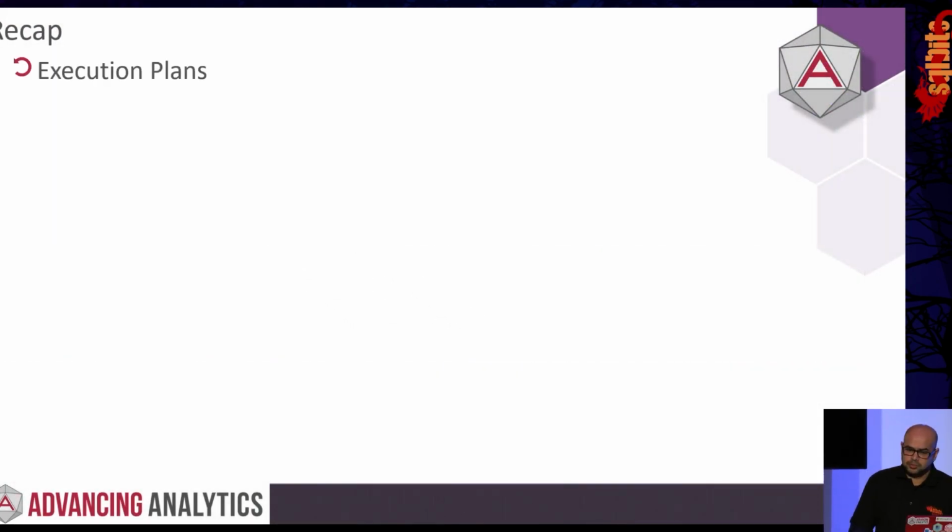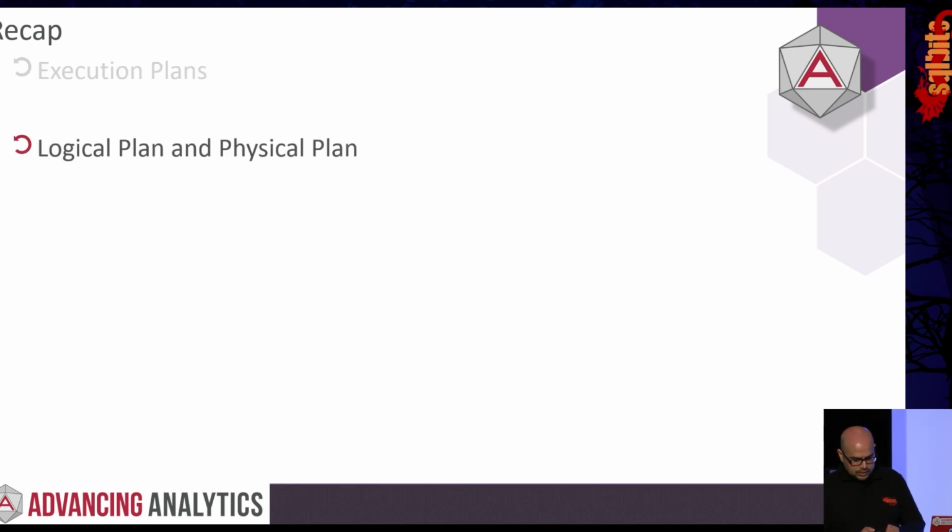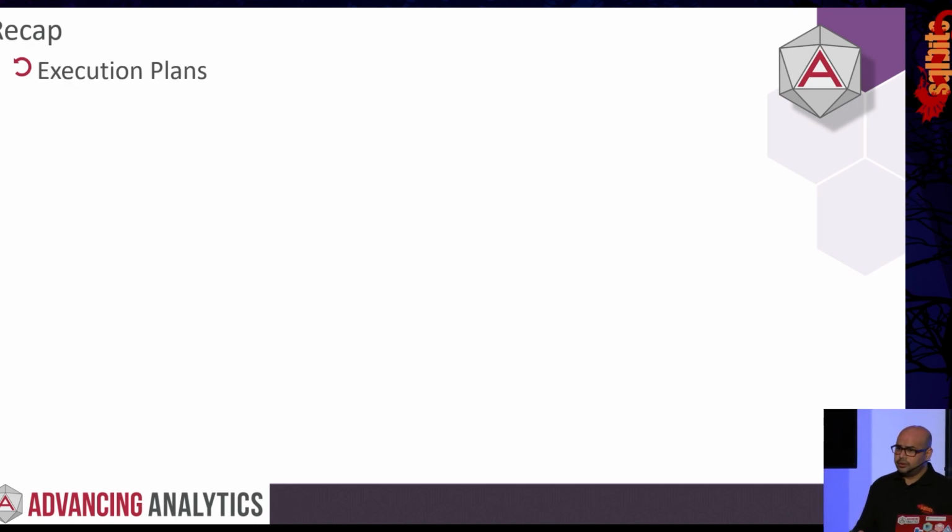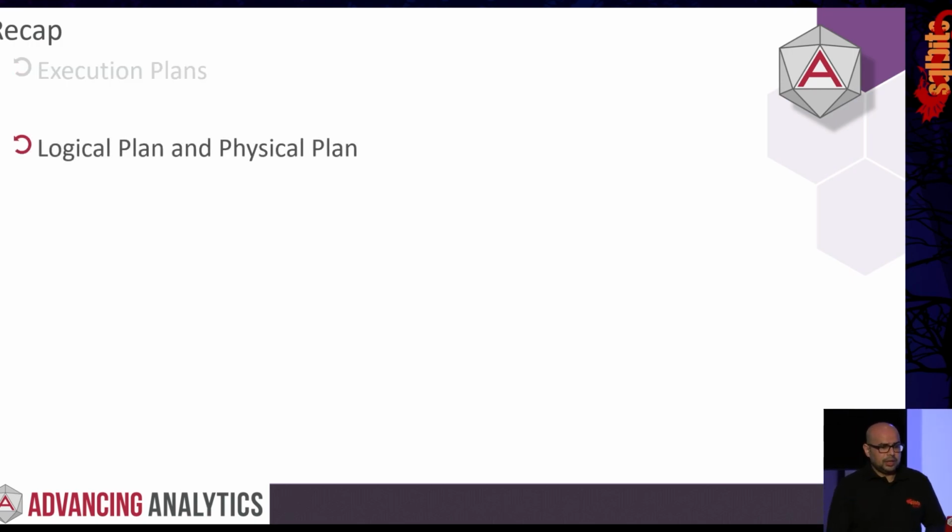So execution plans are a good way to help you optimize the queries that you're running. We looked at the logical plans and the physical plans, how the flow works end to end, how to generate them, and how to read them using the explain function.